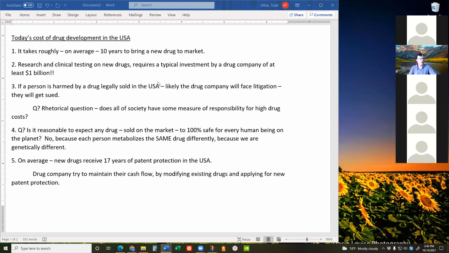Okay, so let me address a couple questions in the chat window. So Aubriana, your question is this: is it true that people cannot sue for bad reactions to COVID vaccines? I doubt that it's true that you cannot sue, but I would suspect that you would not be successful, because typically, when you get a vaccine, you also get a paper with the warnings of what this drug or this vaccine might do to you, right?